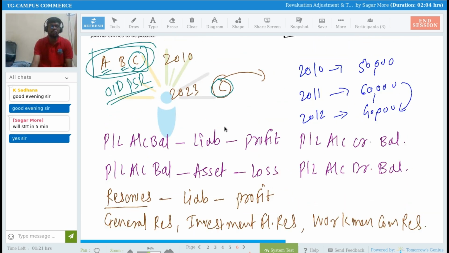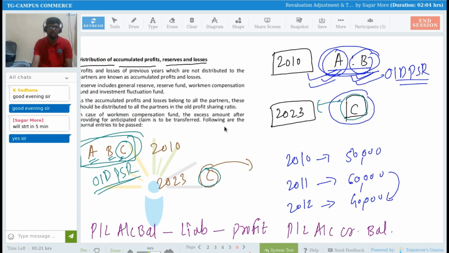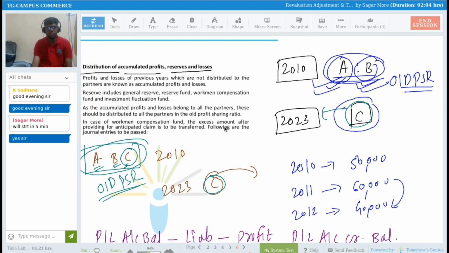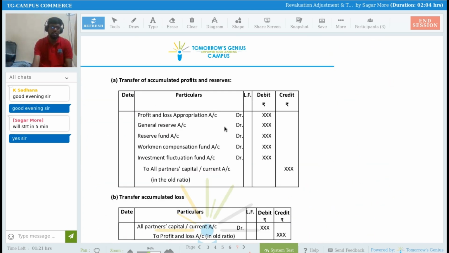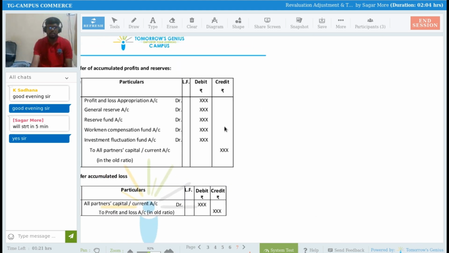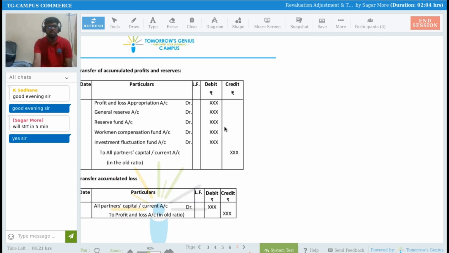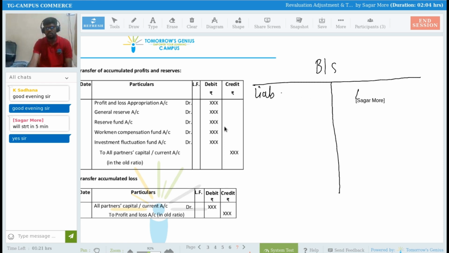Now the question is, to record that in the partners' capital or current account, which side, debit or credit, and which entry do we have to pass? It is very much simple. Suppose a balance sheet is given to you, with a liability side and an asset side.